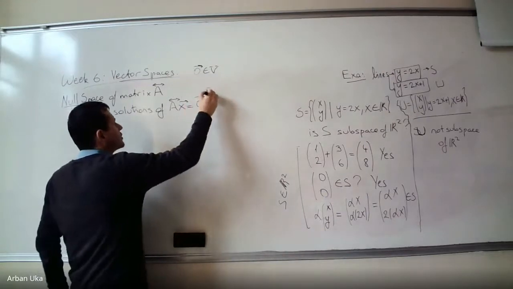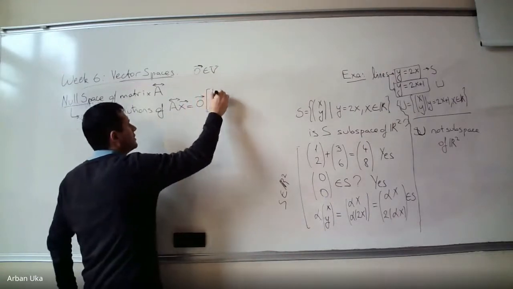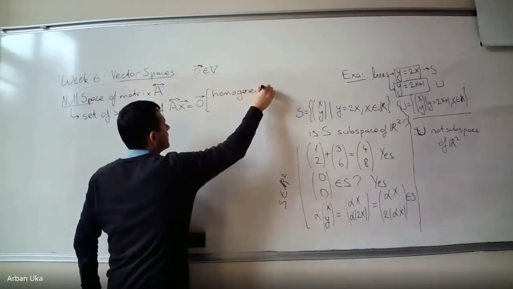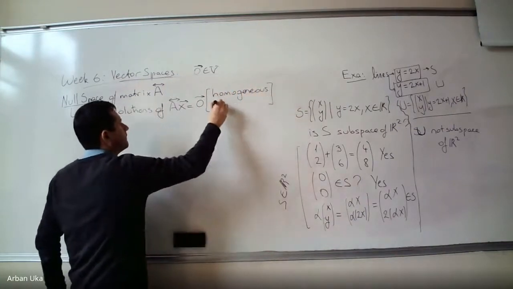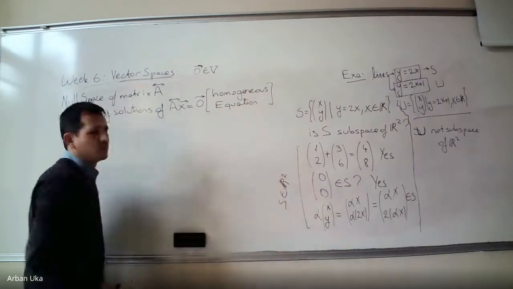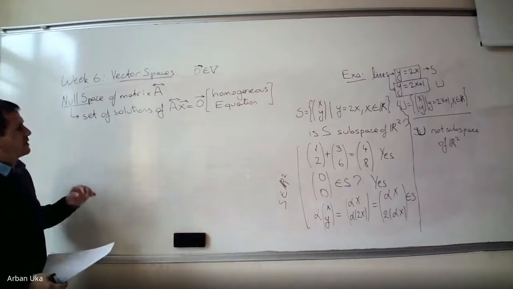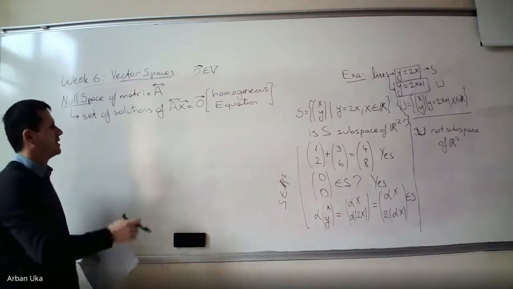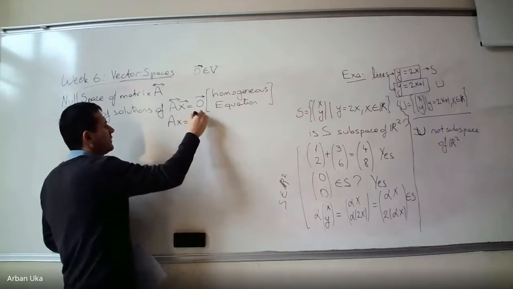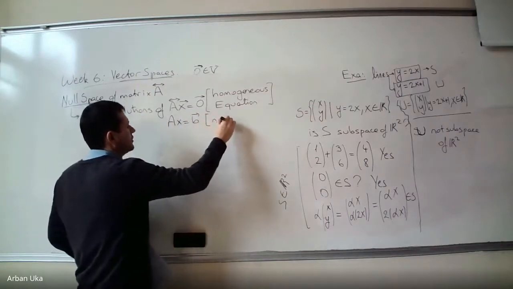So what is this equation? What do we call this equation? This is the homogeneous equation. We know that when B is different from 0, this is called the non-homogeneous equation. So when AX is equal to B, this is the non-homogeneous.